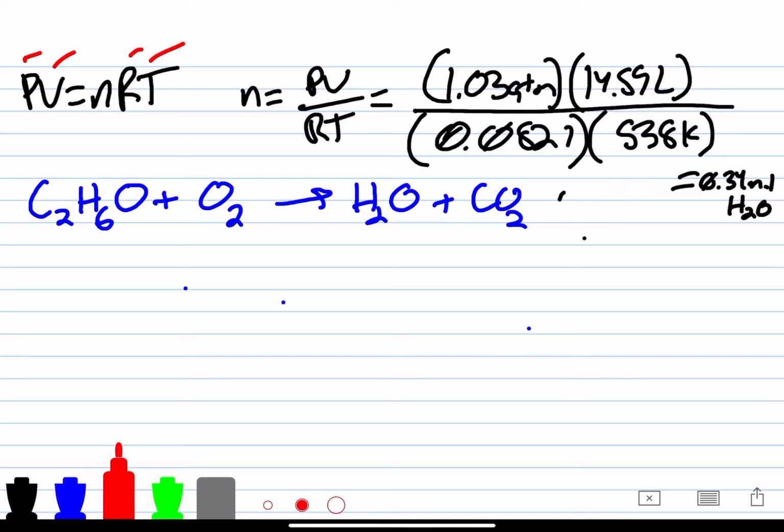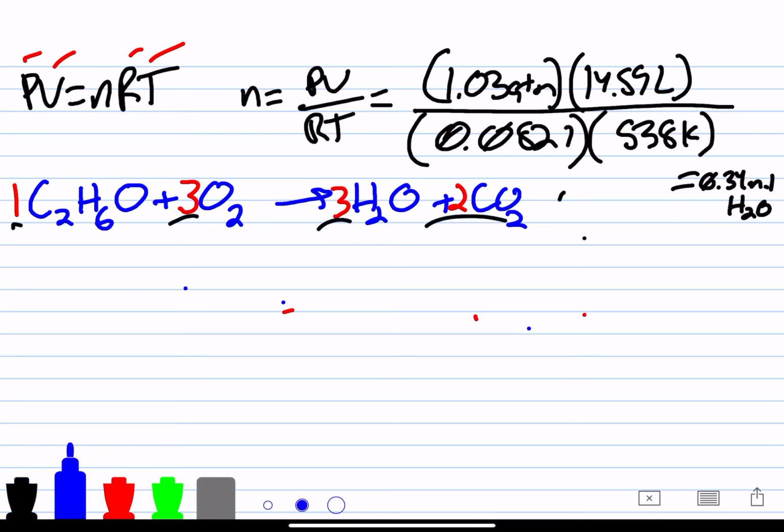So here we can balance this. The last question I showed you how to do it. This time I'm just going to write it like this. So we had one of these, three of these, 3 waters, and 2 CO2. So there, now we have our stoichiometric ratios for each species in the reaction.